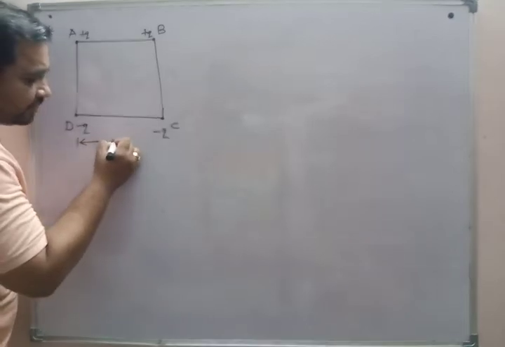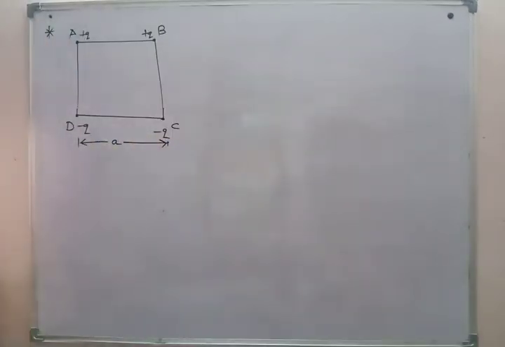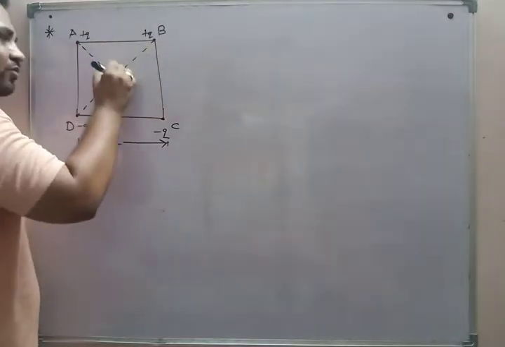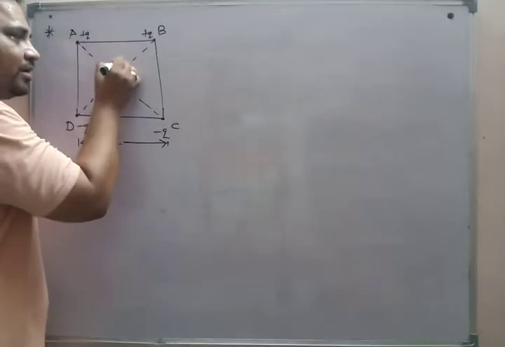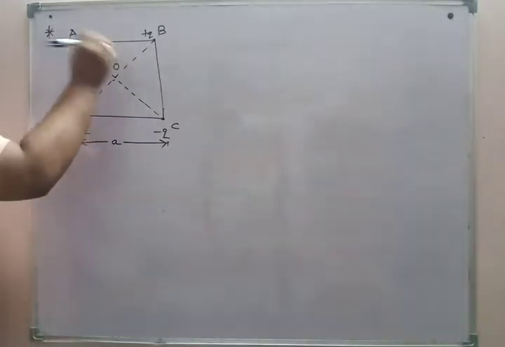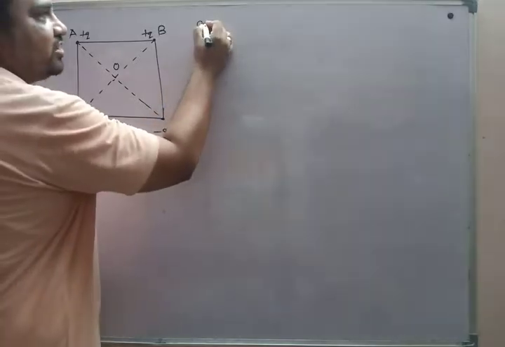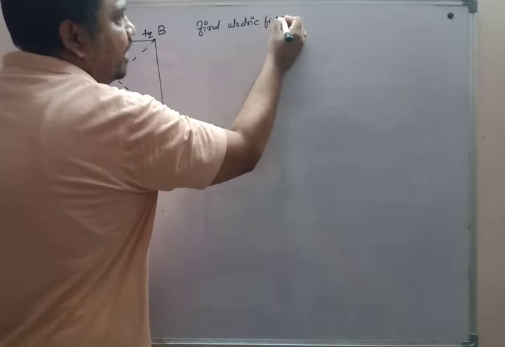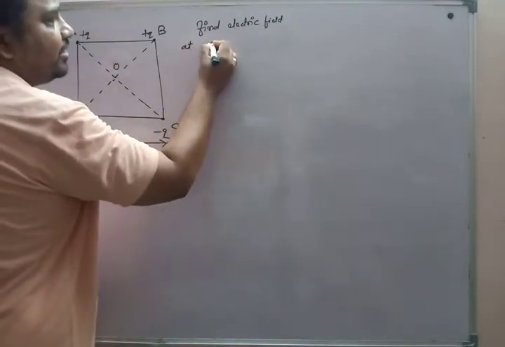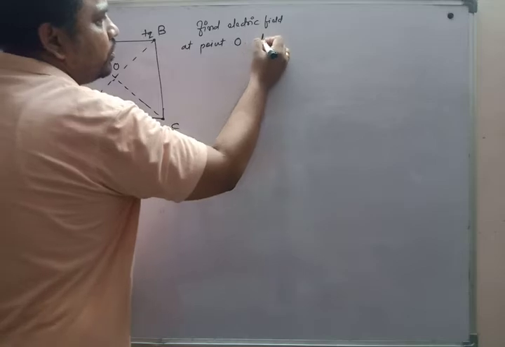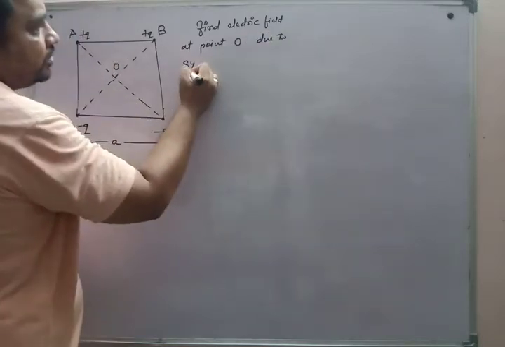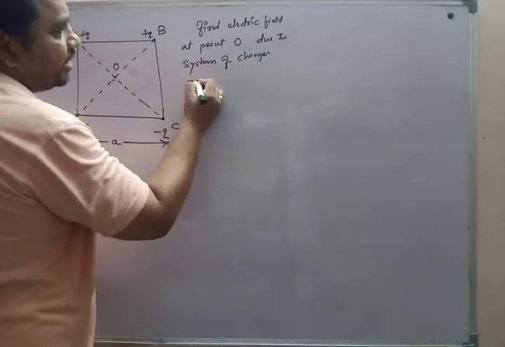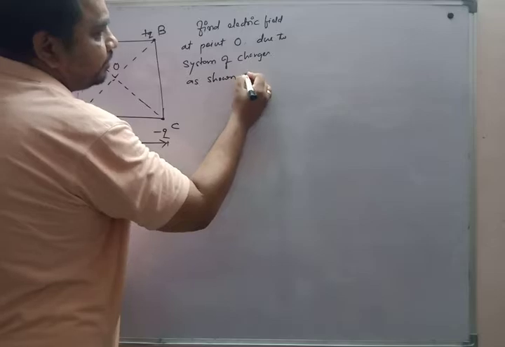The length of the side of this square is a, and the question is to find the value of electric field at this point O, which is the center of the square, due to this system of charges as shown in the figure.